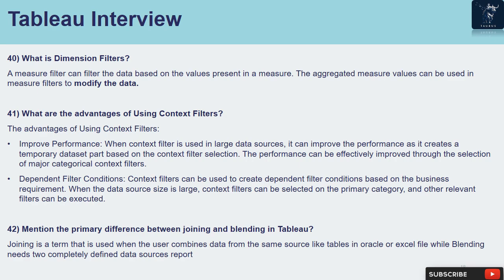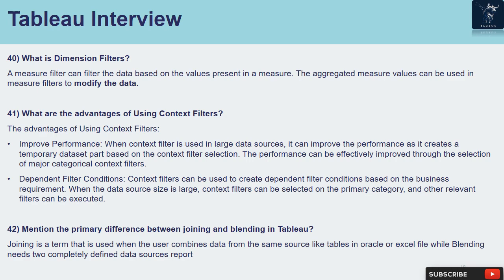41. What are the advantages of using context filters? The advantages of using context filters: Improve performance. When a context filter is used in large data sources, it can improve the performance as it creates a temporary data set based on the context filter selection.